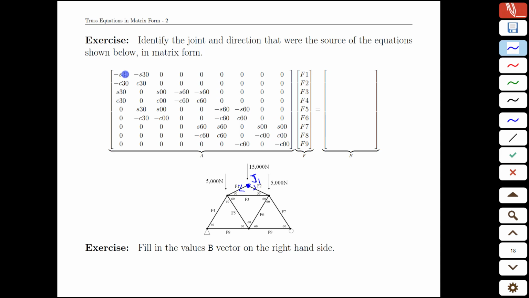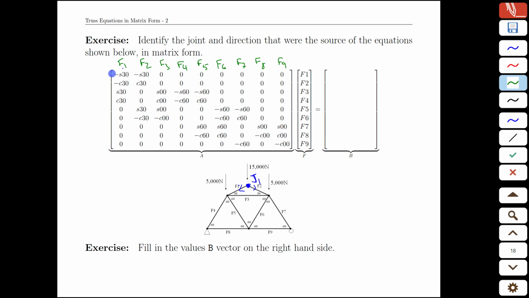Well, if you think of matrix multiplication, this element gets multiplied by F1, anything in this column gets multiplied by F2, and so on. So it can help to actually label these columns as being coefficients of each of the forces in the truss, the beam forces in the truss, all the way up to 9.